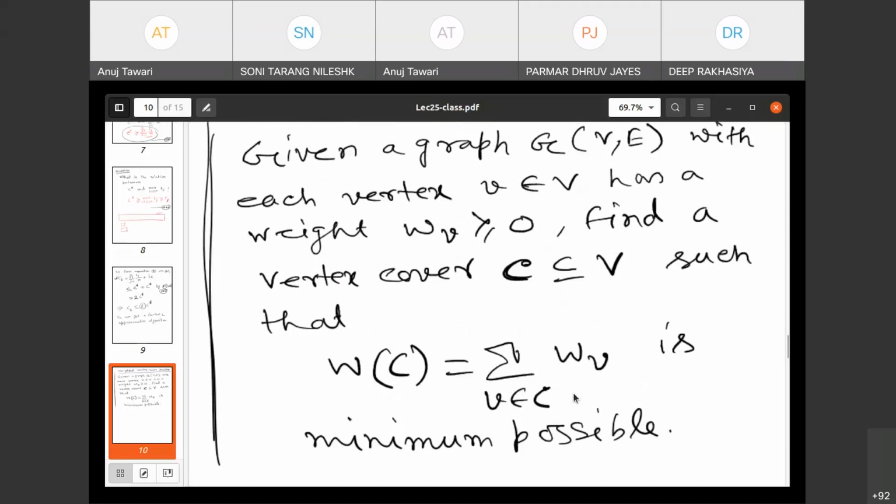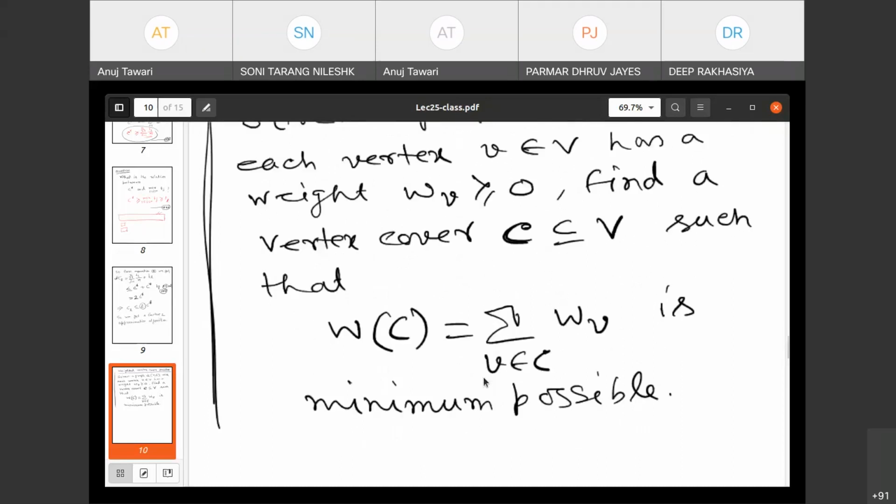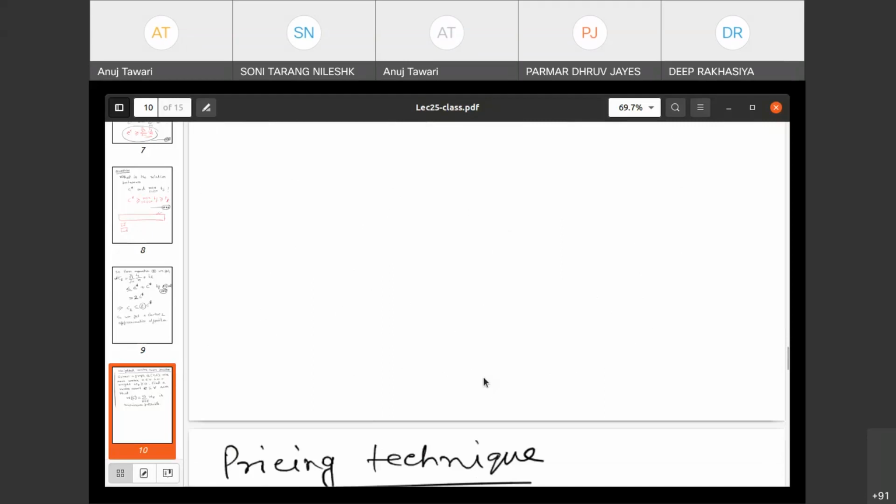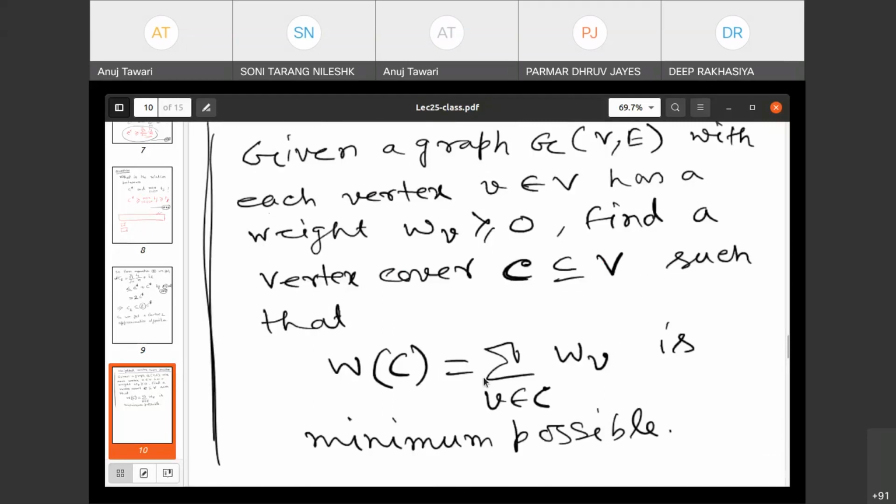We are given the weights on these vertices and we want to minimize the total weight of our vertex cover. Tell me any algorithm which is a good approximation algorithm.